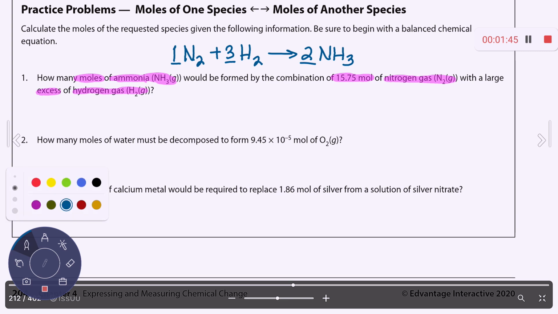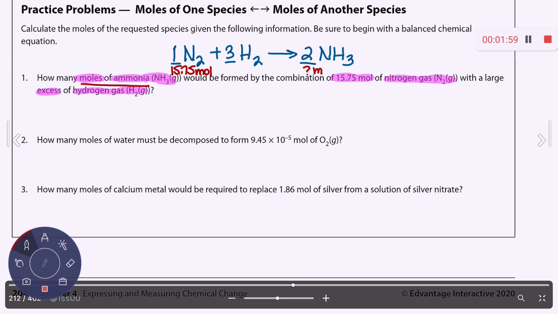This is what I do to solve these problems. I take the number that I'm given, which is 15.7 moles of nitrogen. I'm going to write that here, just so I know where I start. And then since we're solving for moles of ammonia, I would recommend putting a question mark moles underneath NH3, so I know what I'm solving for.